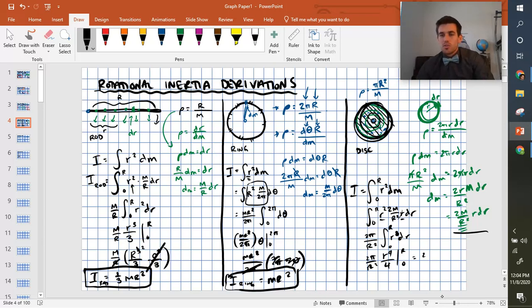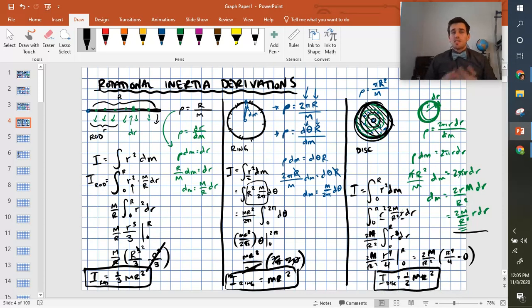Oh, there's no pi there, is there? 2M. There it is. 2M over R squared times R to the fourth over 4 minus 0. Let's see. The 4 and the 2 there simplify to 1/2. Can pull the M out, and I have an R to the fourth and an R squared, so that becomes R squared. That's one half M R squared, the rotational inertia of a disk.